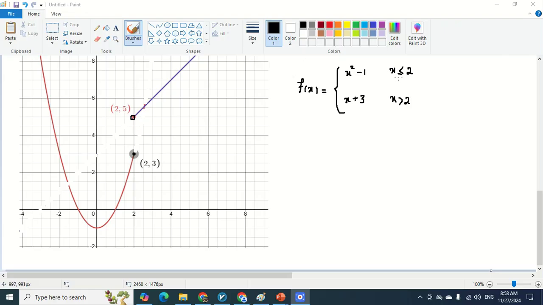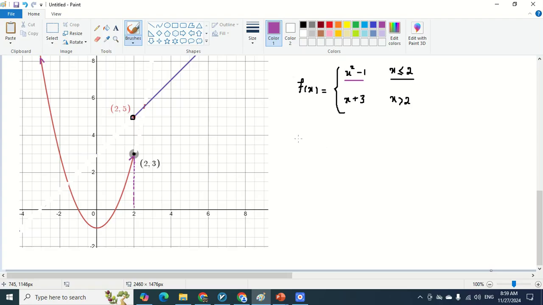So for x less than or equal to 2, the value of the function is given by x squared minus 1, which is a parabola. So we have a parabola over here that starts from this point and ends at the point x equal to 2. You can see that at the point x equal to 2, the value of the function is given by 2 and 3.